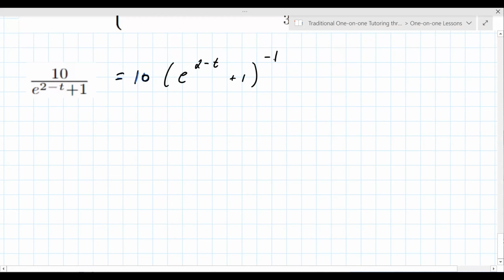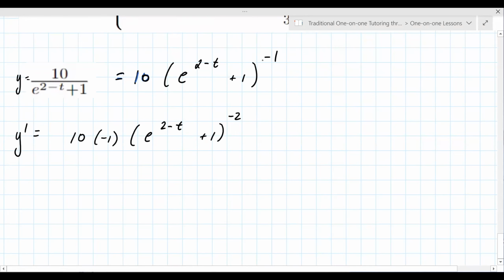So the derivative of this, the outside function is this minus 1. So y prime is, you bring this negative 1 down. So it's 10 times negative 1, e to the 2 minus t plus 1, and then you subtract 1 from the exponent.